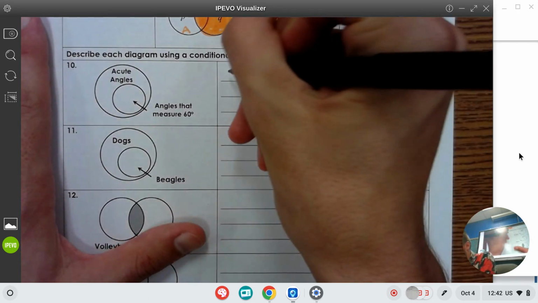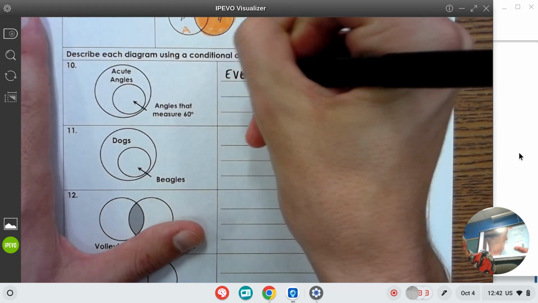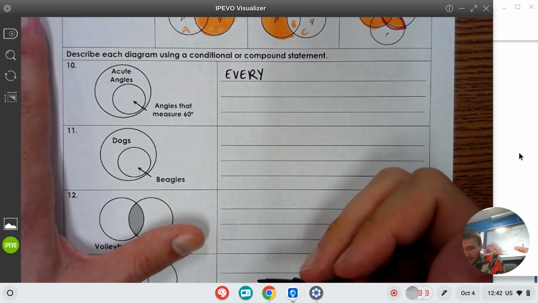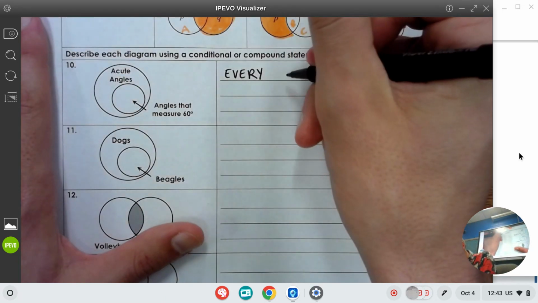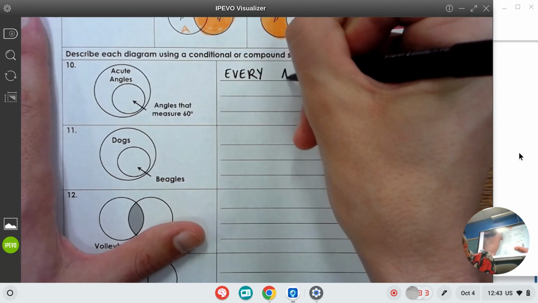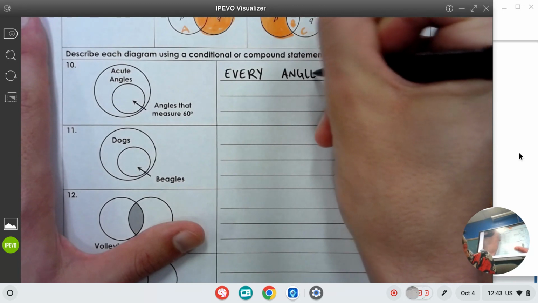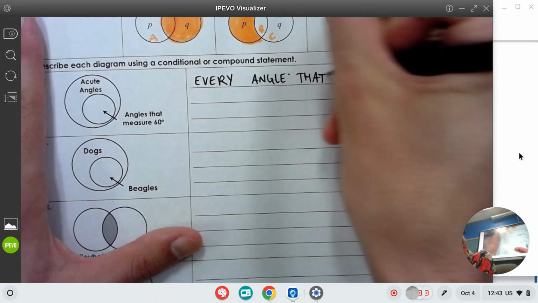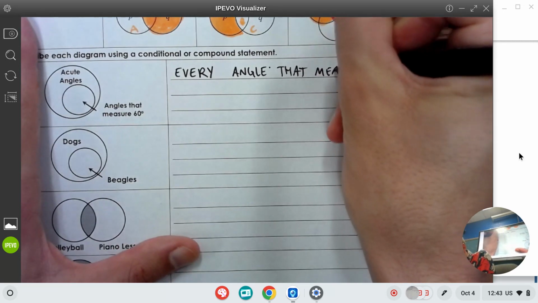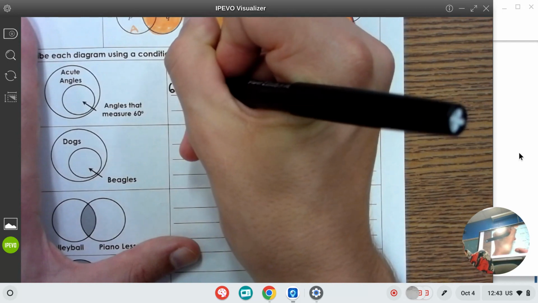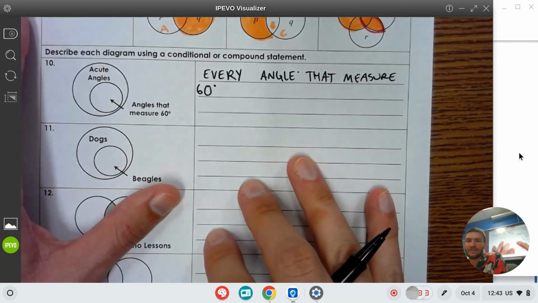How about we use the word every, just like they did on the front, every angle that measures 60, right? That's this inside part. Every angle that measures 60.